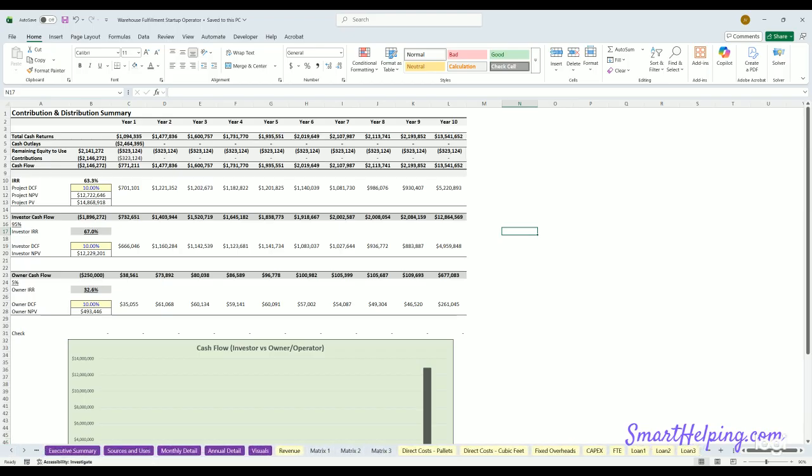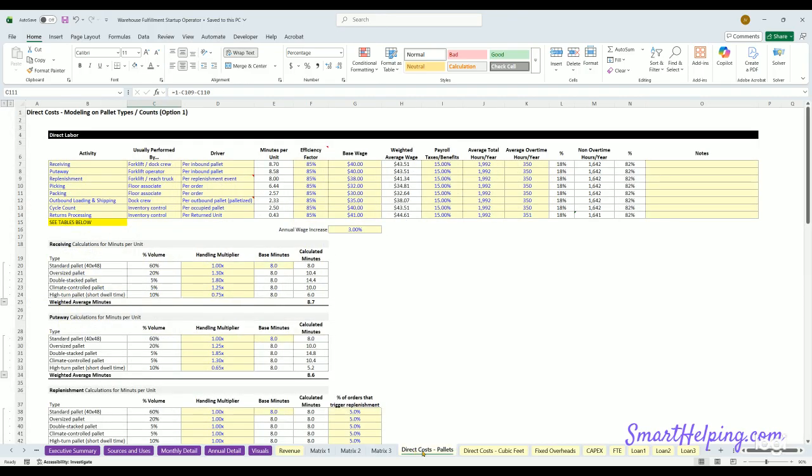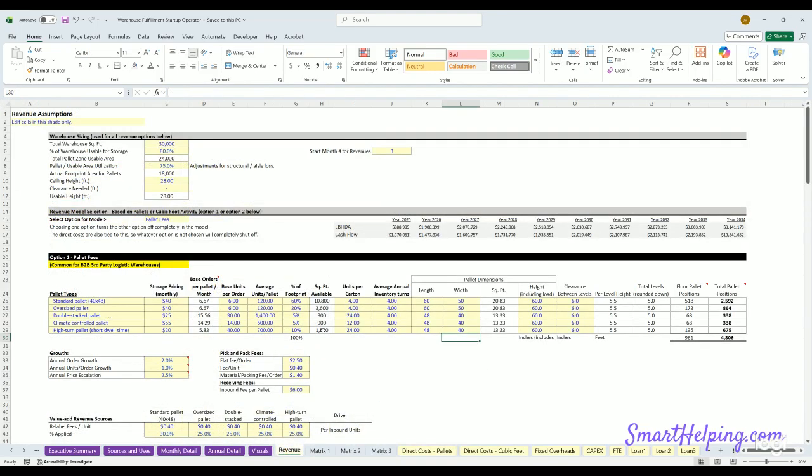You might have some capex for things to fit the warehouse to how you need it to work. But in general, your main focus is revenues and expenses. And that's what we're focused on here. That's the main focus of the whole model. How are we going to make money based on what assumptions over time, and what are our direct costs?